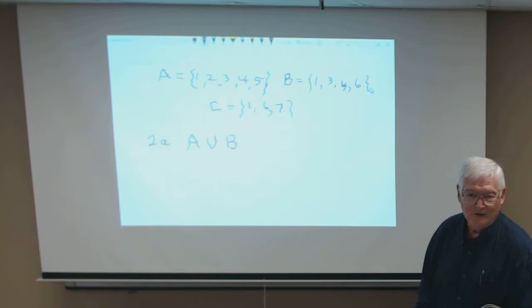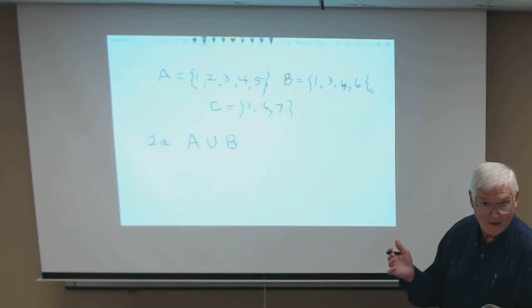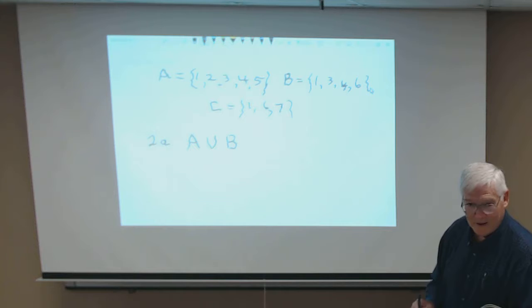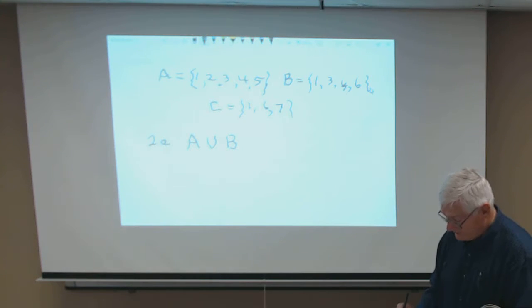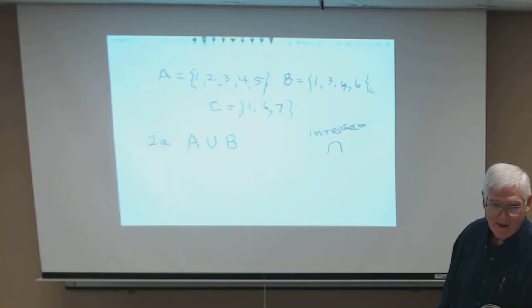So what letter would we use for intersection? I? That would make sense, wouldn't it? Well, don't count on it making sense. Just learn how to do it and write notes. U is union, intersection is an upside down U. If you don't put that in your notes, you probably won't remember it when it comes test time.